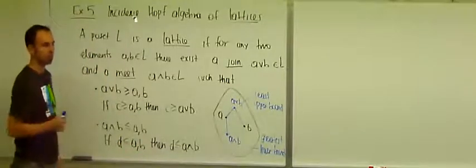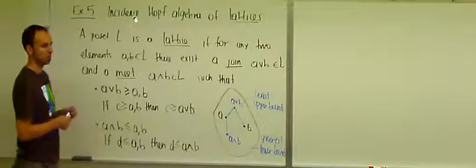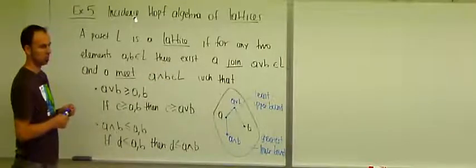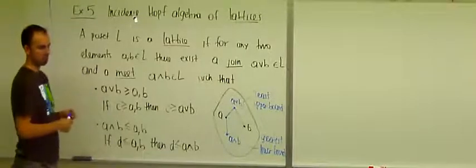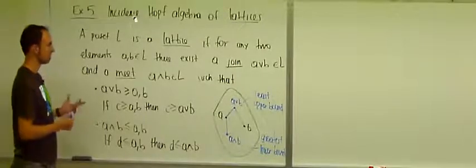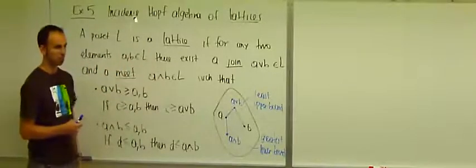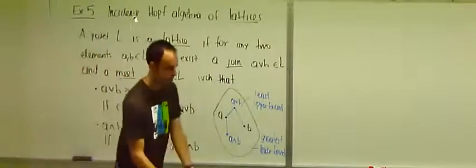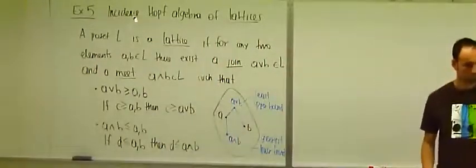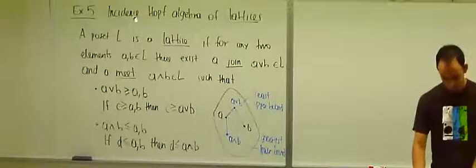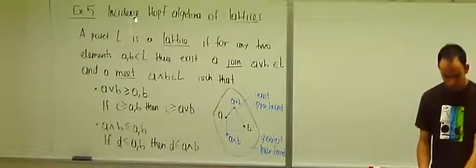Yep? So we ignore that we start off with a poset and simply start off with a lattice and we define the poset from it? So a lattice is a poset that has this property. Okay. I could have said a lattice is a poset with the property that any two elements have a join and a meet. I'm just asking because the way I was thinking of the lattice when I learned about it was first you start with the lattice, and then you define the poset.